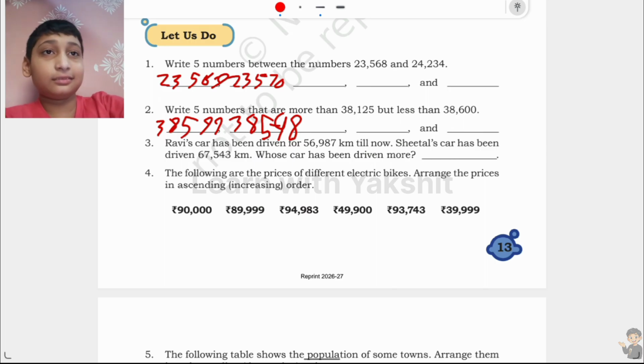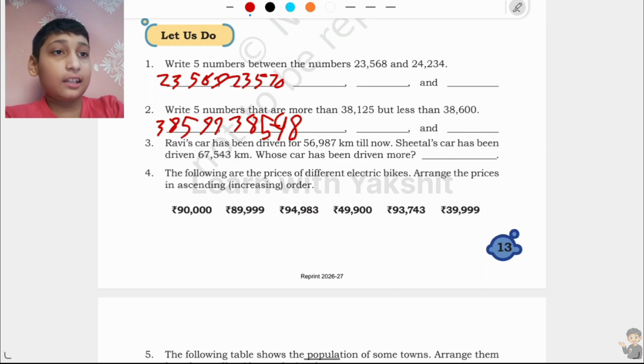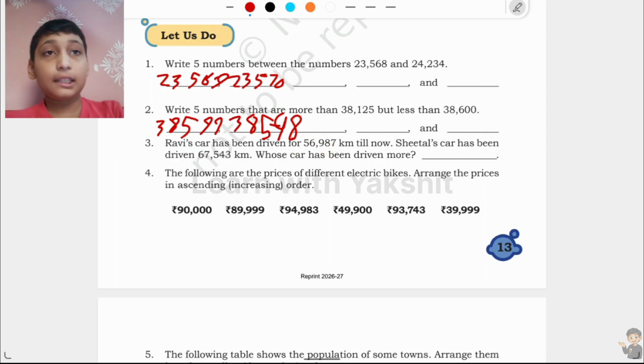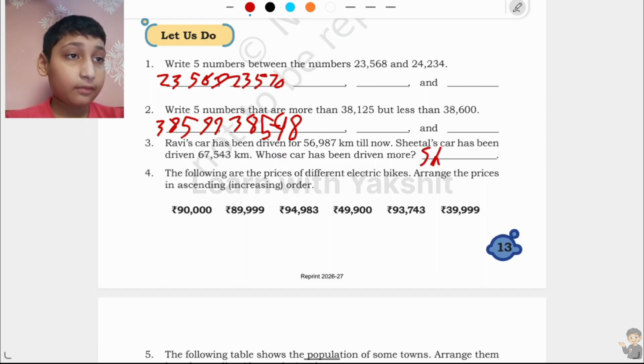We don't have to tell what is between them, we just have to tell which has been driven more. There's a 6 at the 10,000th place in Shweta's car, but in Ravi's car there's only 5 at the 10,000th place. Meaning that Shweta's car has been driven more.